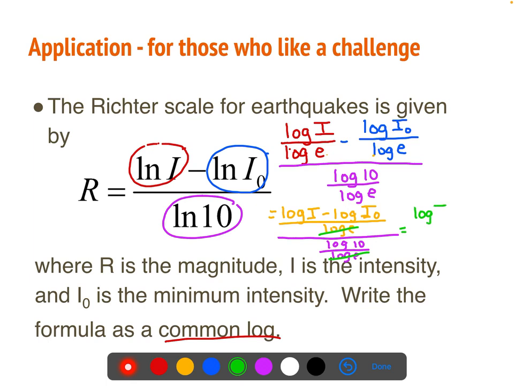Oh, that is a really nice thing to have happen. So now I have log of I minus log of I naught over log of 10.